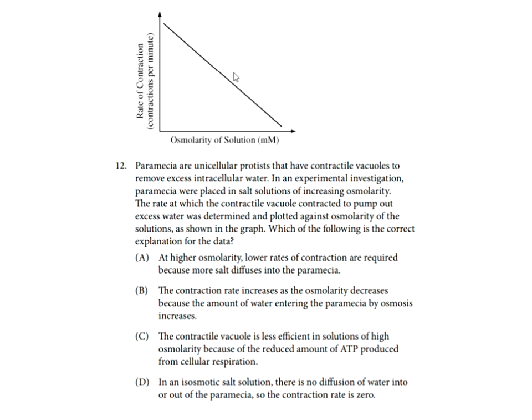With A, it says at higher osmolarity, so the osmolarity of the solution, we know graphs, this would be 0, and it's going to increase as we go. So at higher osmolarity, right around this area, the lower rates of contraction are required because more salt diffuses into the paramecium. We have to remember what we're talking about here with osmolarity of a solution.